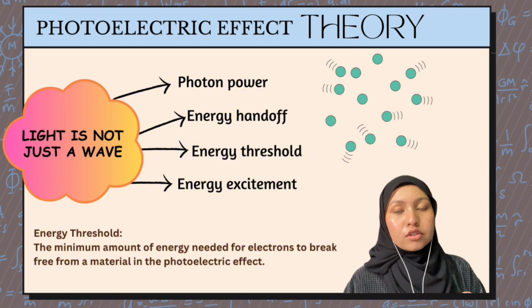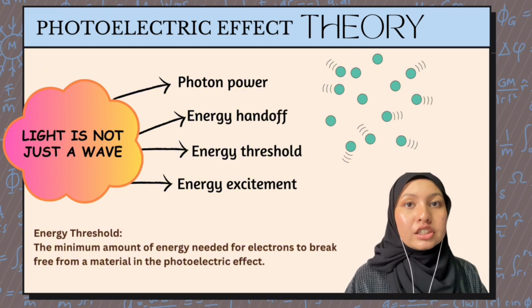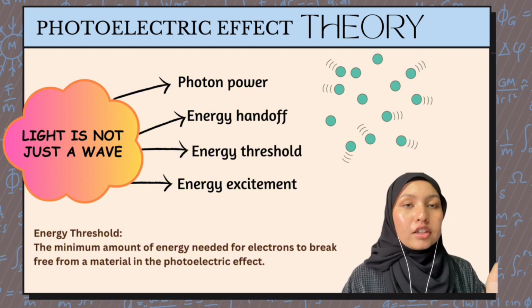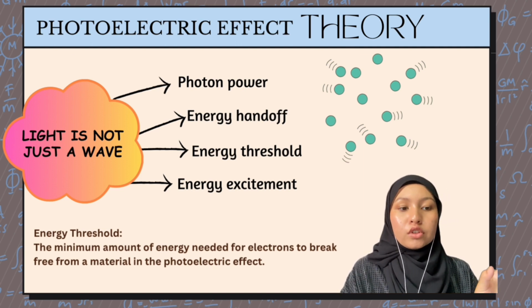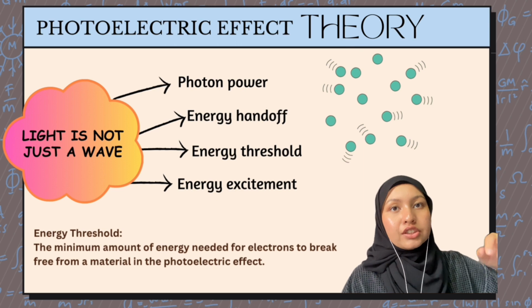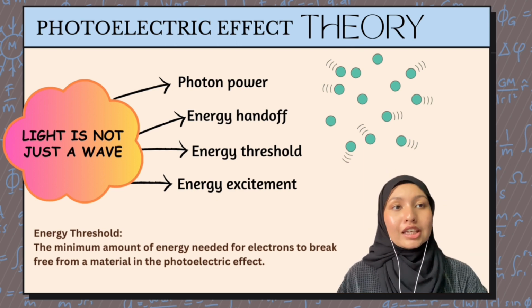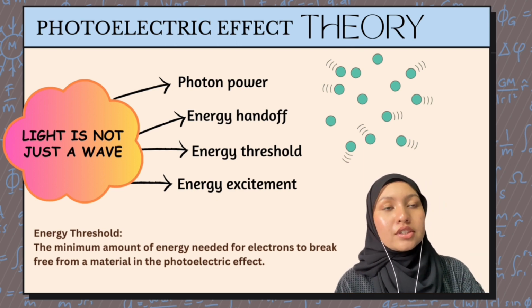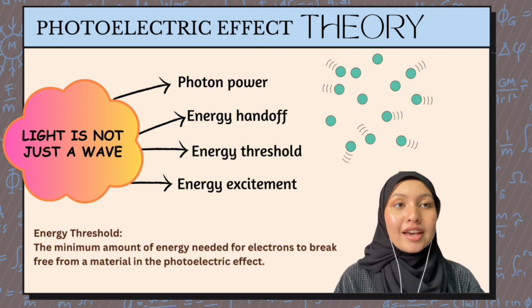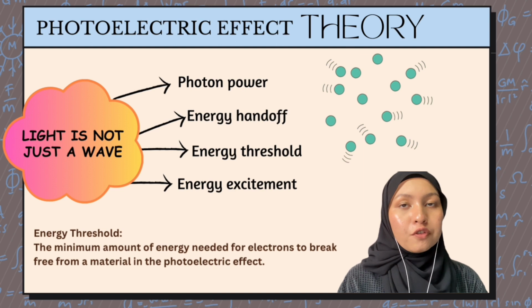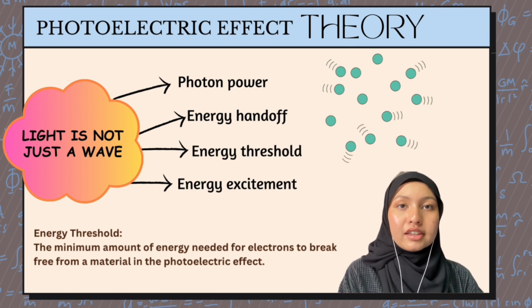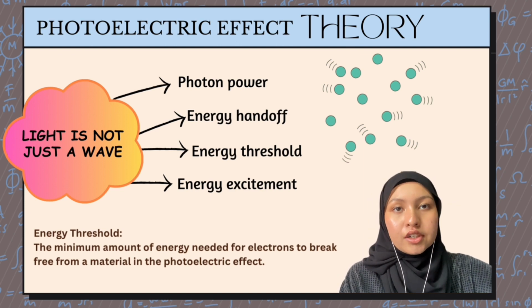For the photons to be able to pass the energy to the electrons in that material, the energy from the photons needs to reach the energy threshold. If the energy of the photons is enough, which has reached the energy threshold, then the electron from the material will get excited and jump out from the material surface.